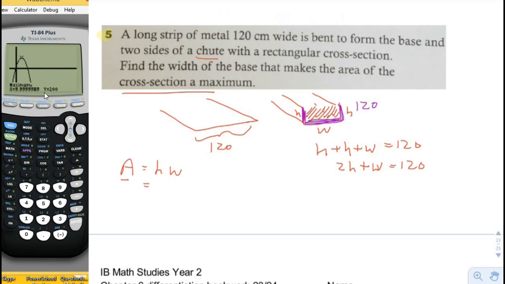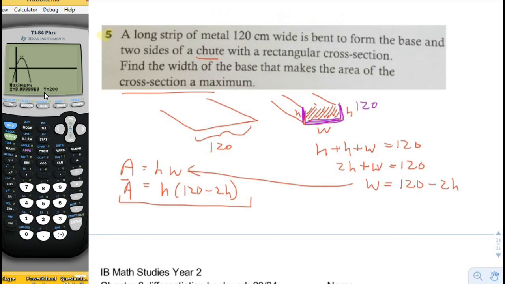So let's get rid of either the h or the w. It's easier to get rid of the w. By subtracting 2h from both sides, we get that. And then we substitute the w in there, and then we get h times 120 minus 2h. And now we have an equation for A just in terms of the h variable. And so now we can put that in the calculator, and we can change the h to an x because there is no x in the calculator.